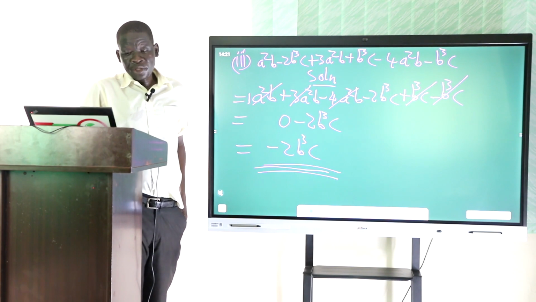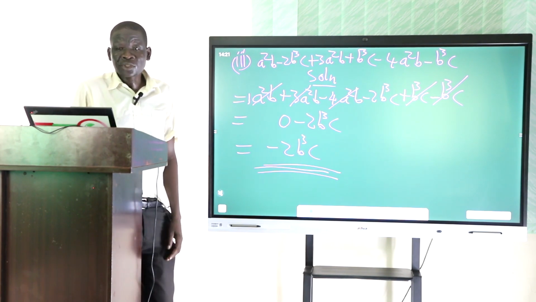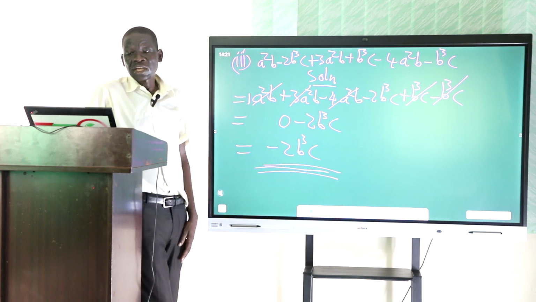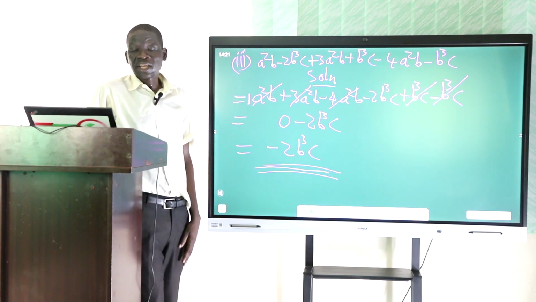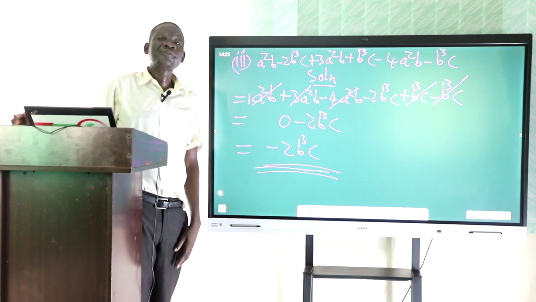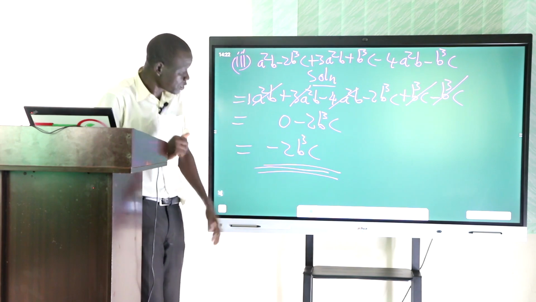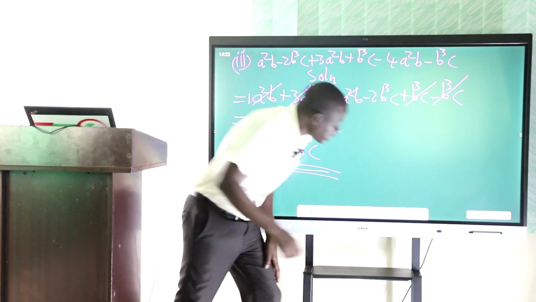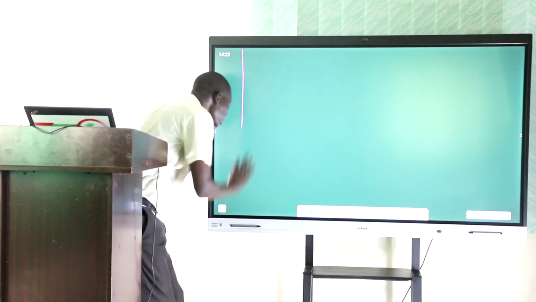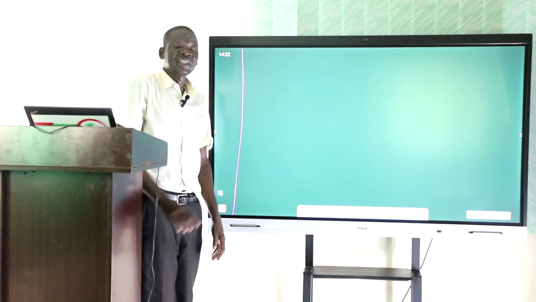Note, NB, capital letters and small letters are not like terms. What do I mean? If we have a mixture of capital letters and small letters, don't treat them as like terms.